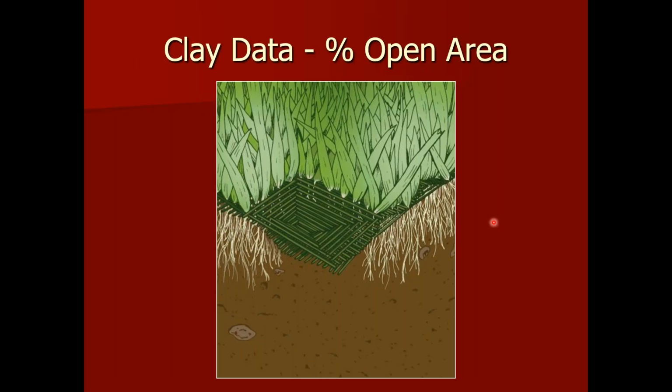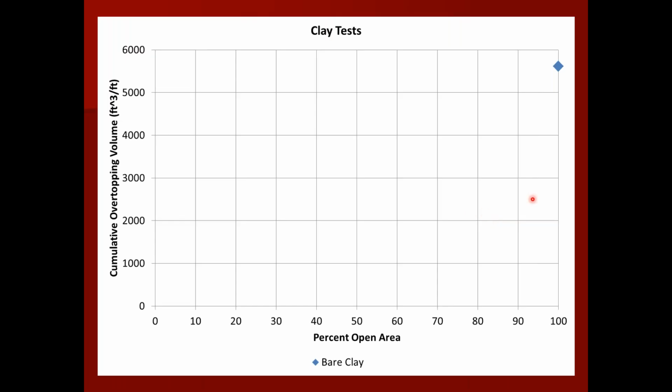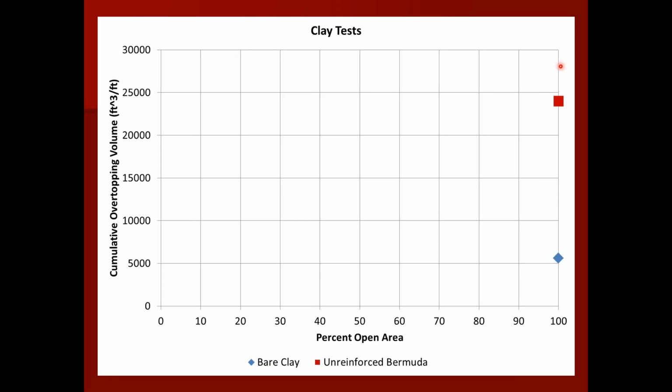So that brought us right to the percent open area. How do those two correlate? So again, if we have 100% open, meaning no product there at all, that was the bare clay, and then unreinforced Bermuda. The very open TRM, 95% open area, we guessed.